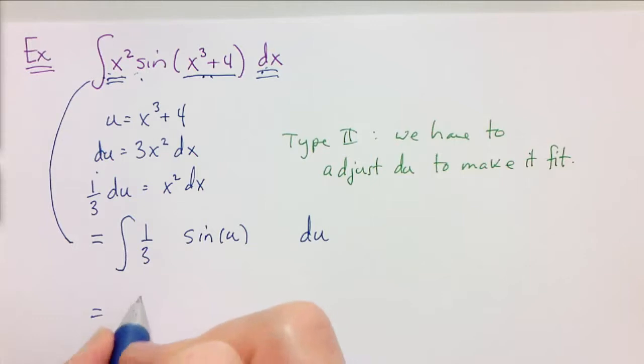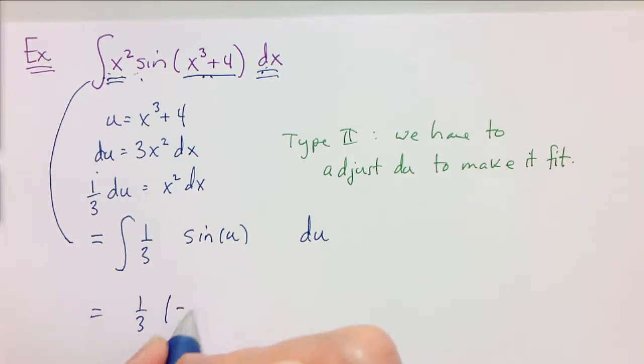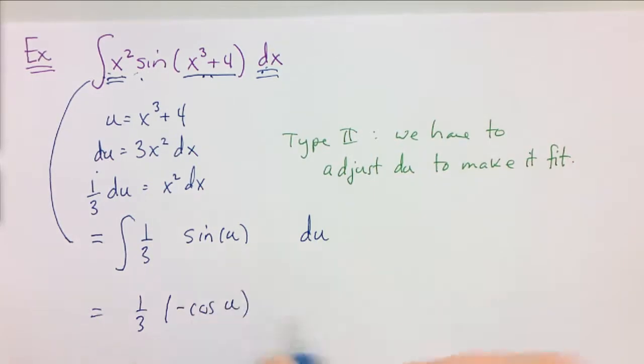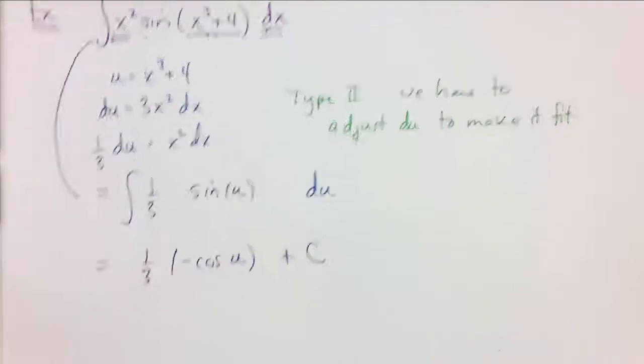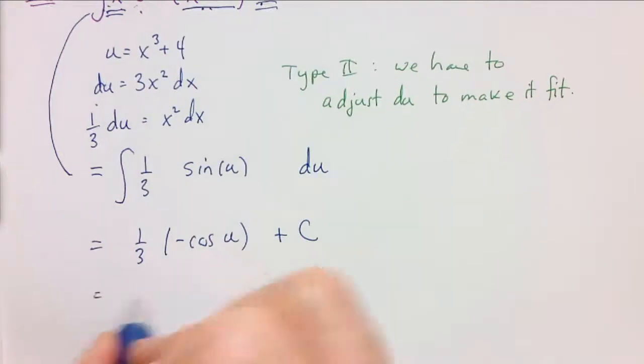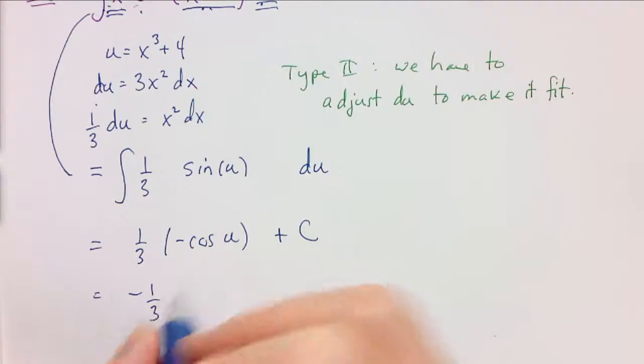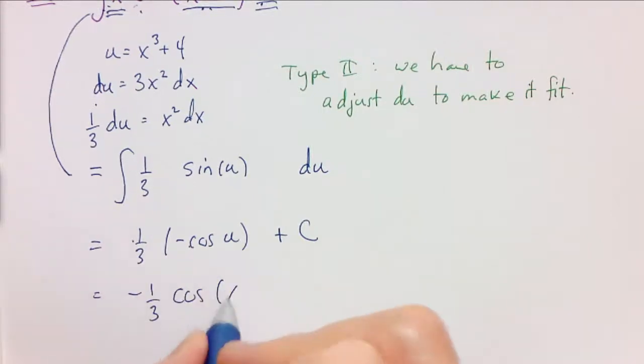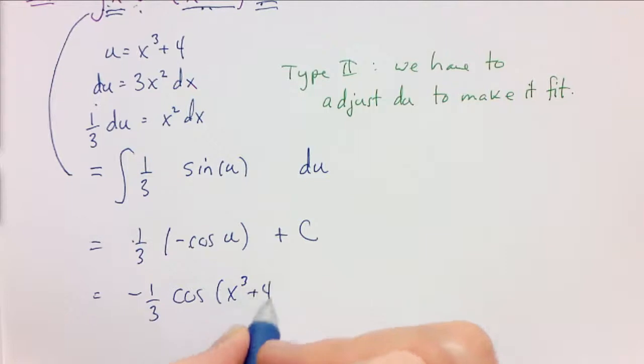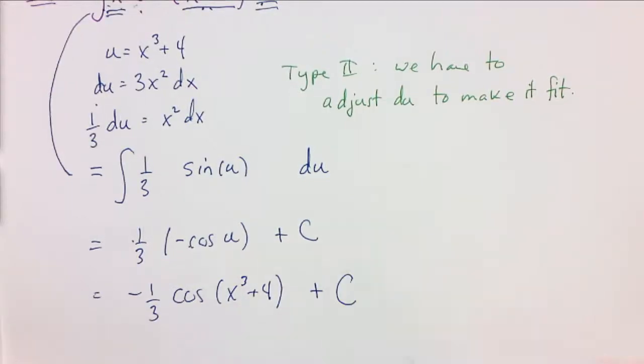So the antiderivative is 1/3 times minus cosine of u plus c, or minus 1/3, putting the minus out front here, cosine of x cubed plus 4. All right, and then to get the most general antiderivative, I've got the plus c out here.